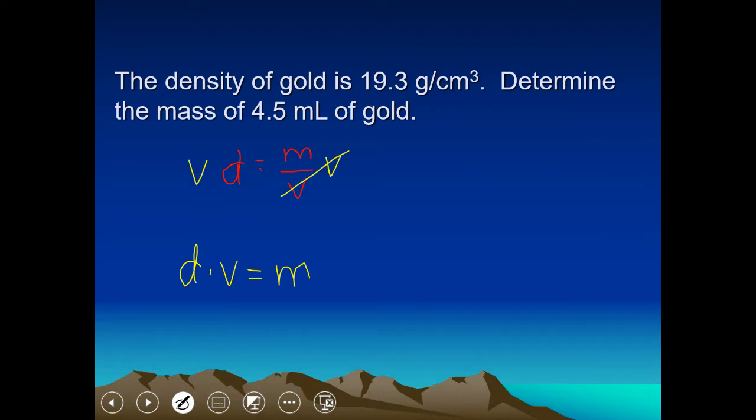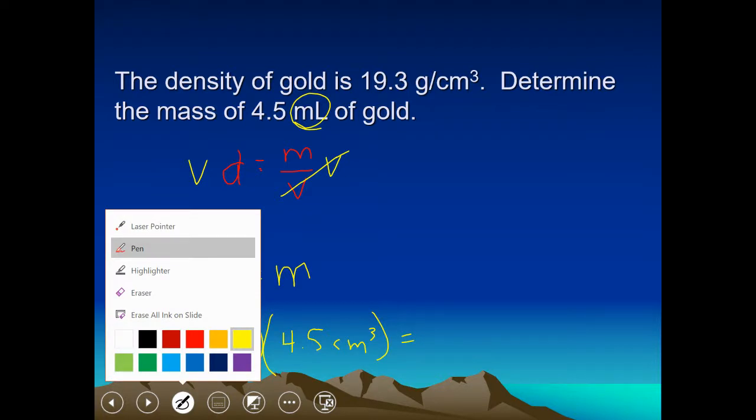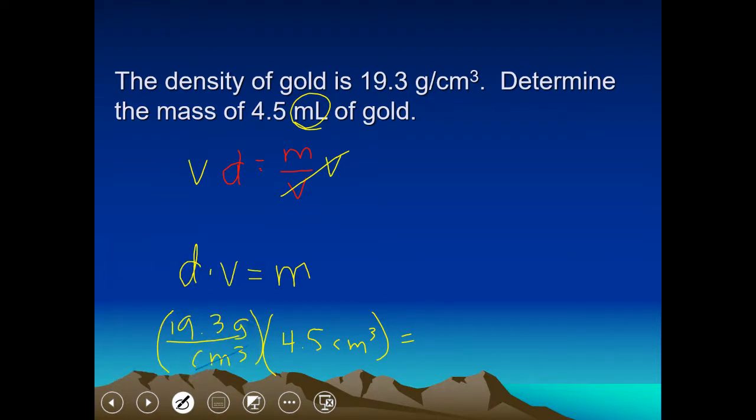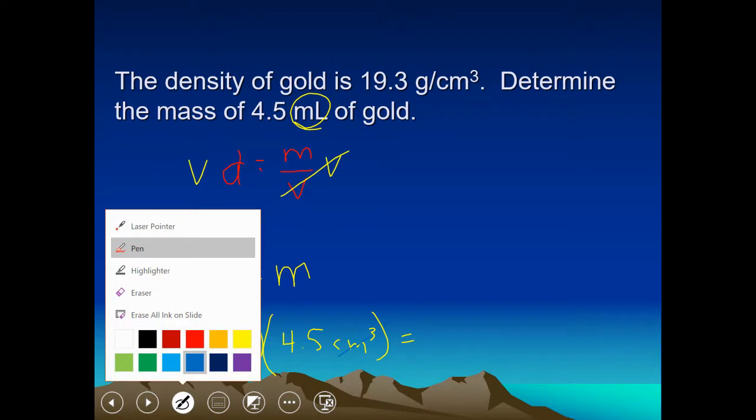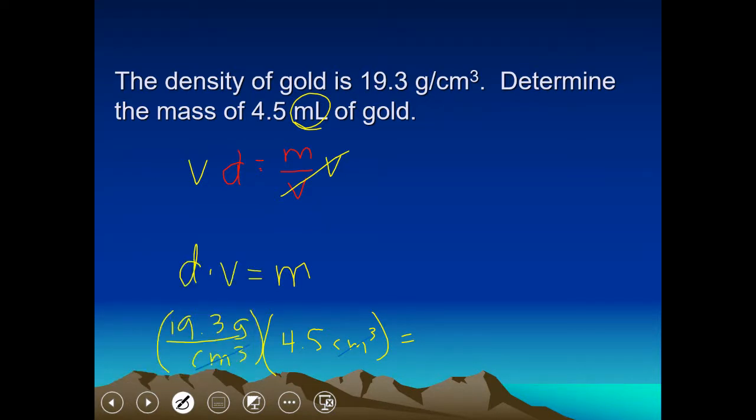Now you've got to make sure your units match up. If the density is in grams per centimeter cubed, then my volume has to be in centimeters cubed too. We know that milliliters is the same thing as a centimeter cubed, so I'm just going to trade out that unit. And you can see then that the centimeters cubed divides out, and that gives us an answer in grams.